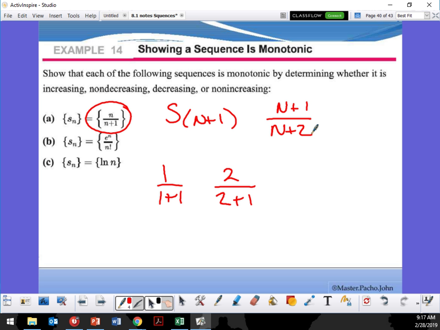Basically, whatever I get here, so for 1, I'll get 2, 3, right? Whatever my first one was, it's 1. Still works out. If I put in 1 here, that's going to give me 2 over 3. And this is 2 over 3. If we're talking about numbers, does that make more sense now? Anyone still lost? Please speak now, or forever hold your peace.